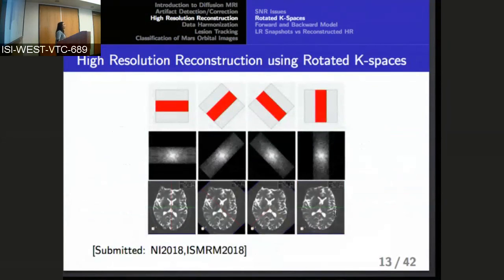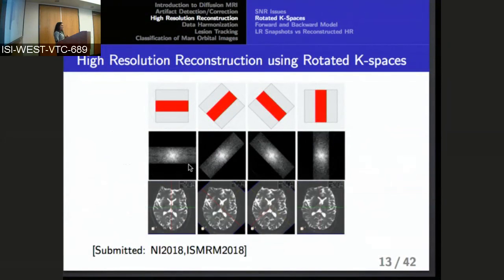What we suggest to prepare these high resolution images was that we reconstruct the high resolution image using rotated k-spaces. What do I mean? So here, these images show the part of k-space that we are sampling for each snapshot.